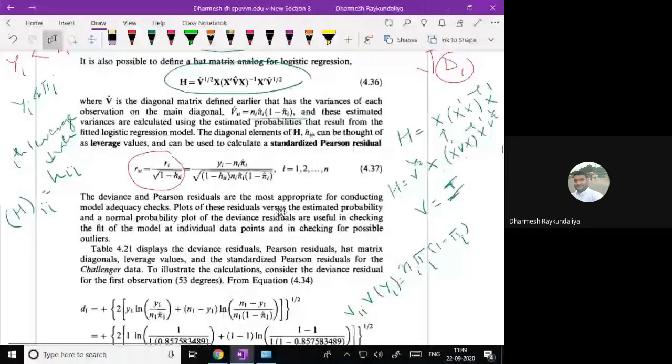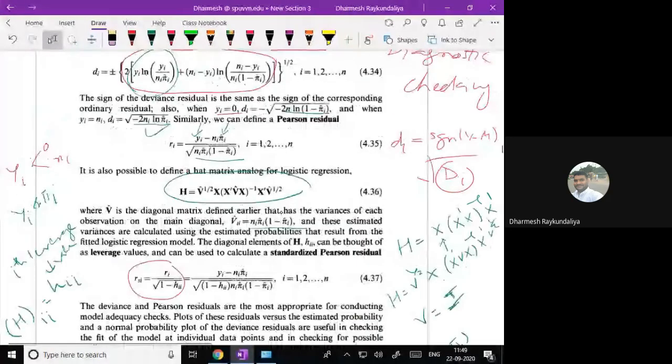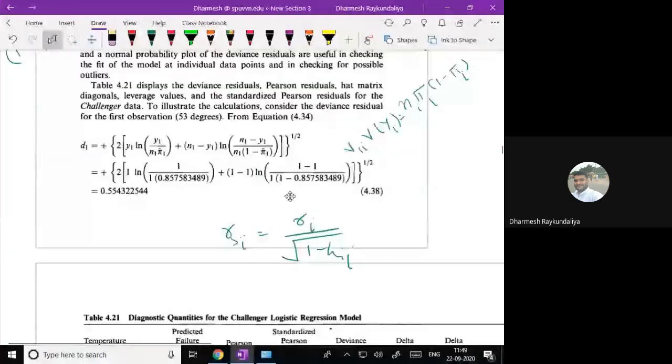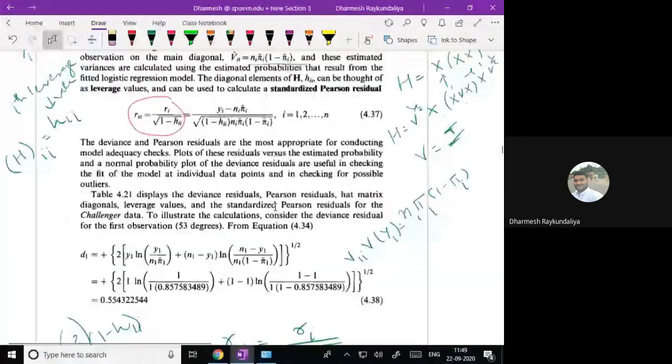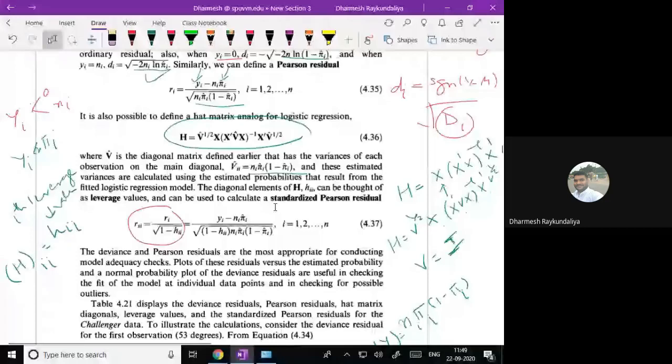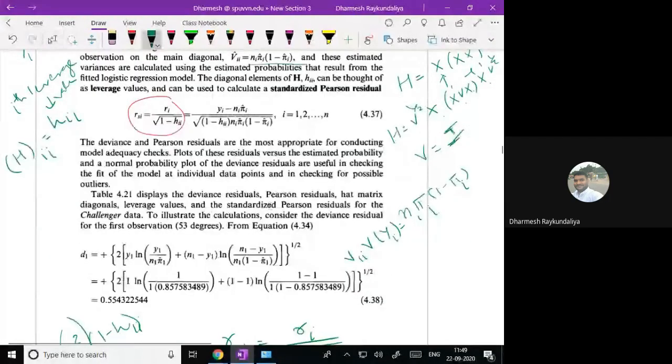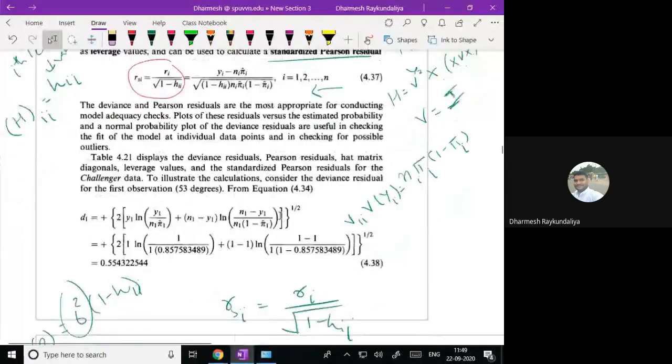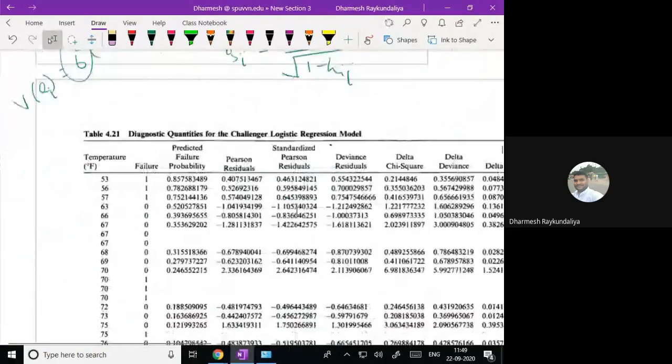If you remember, we obtained that the variance of e is sigma square into 1 minus hii, and the same estimate of sigma square we have substituted. So this is the standardized Pearson residual.